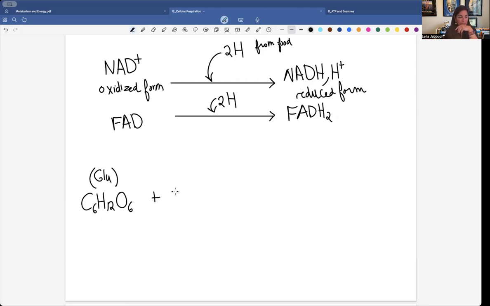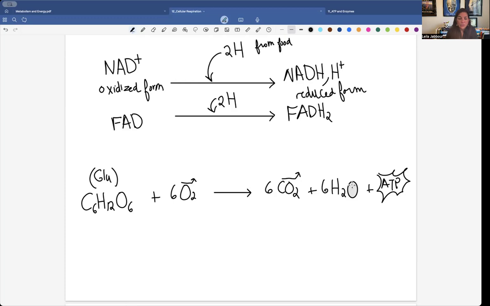And with 6 oxygen molecules of gas, we end up with 6 CO2 molecules of gas plus 6 water molecules. Remember, I told you CO2 and water are the products that are released by cellular respiration, plus, of course, the ATP, which is the whole purpose of doing all of this.